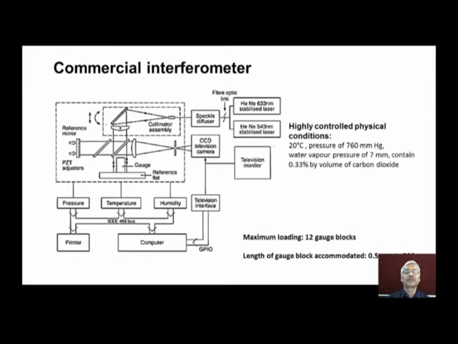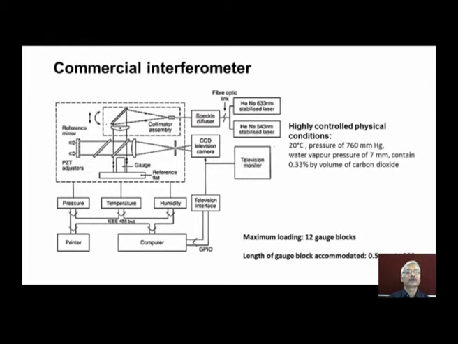The other one is HeNe 543 nanometer stabilized laser, and then we have the unit which houses the optical elements, and in this chamber we have the reference flat surface, the table surface on which the gauge to be inspected is placed, and then we have a moving mirror and a tilting mirror.